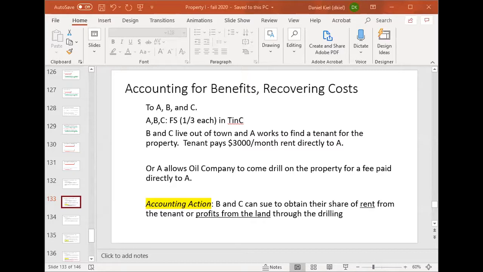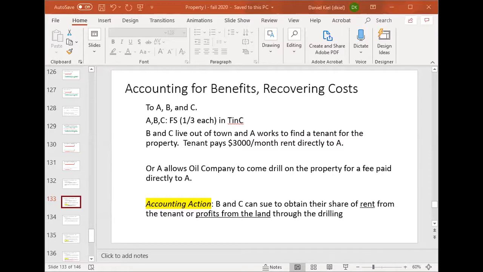So $1,000 for B and $1,000 for C. Maybe some courts would give a slightly larger percentage in order to cover the management costs, the management fees, or something along those lines. And so that is the way accounting works.